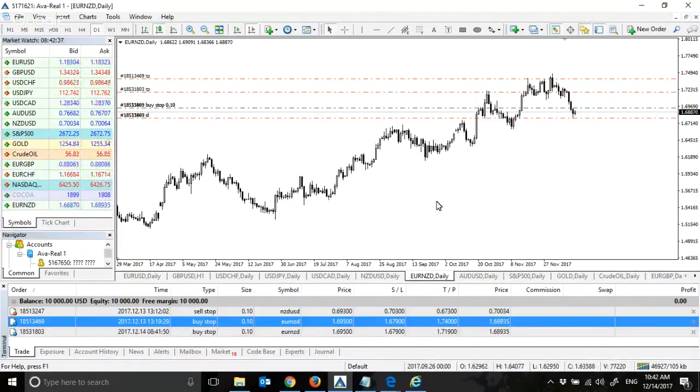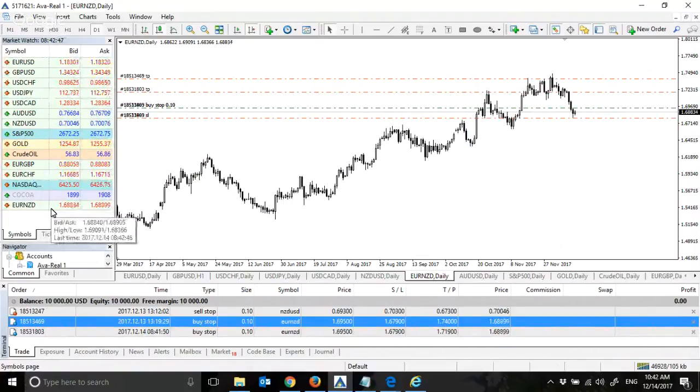Now, another trade that I'm going to focus on today is, of course, the Swiss franc versus the New Zealand dollar. We had the interest rate decision today, and the interest rate remained intact.